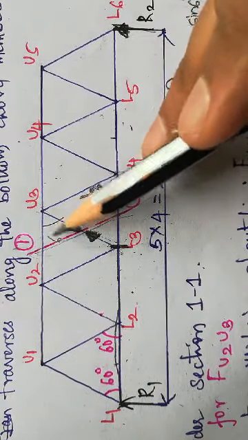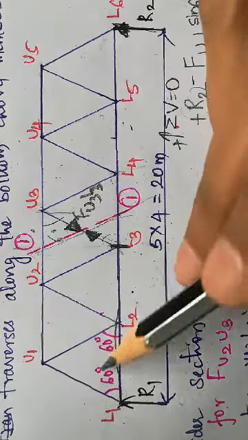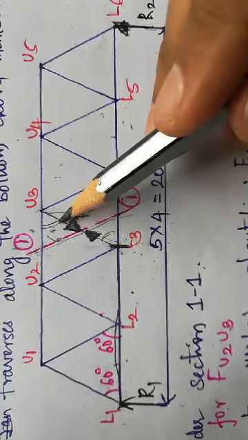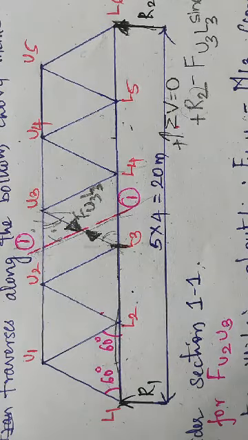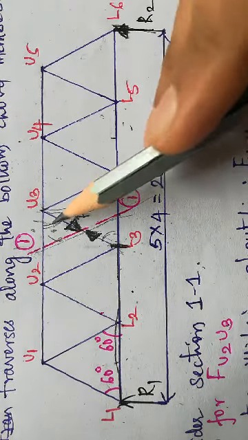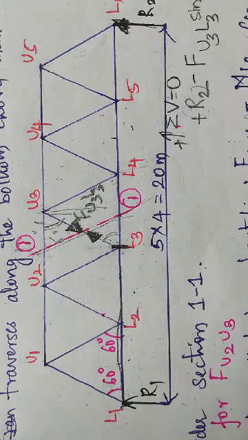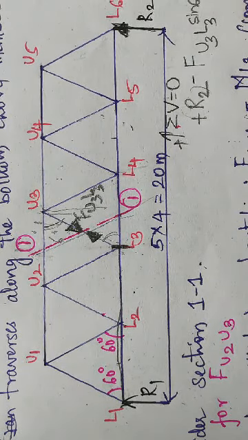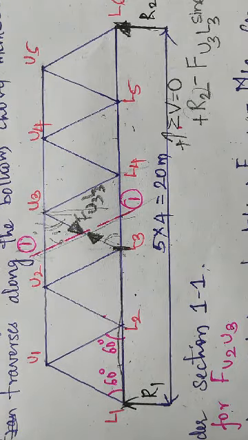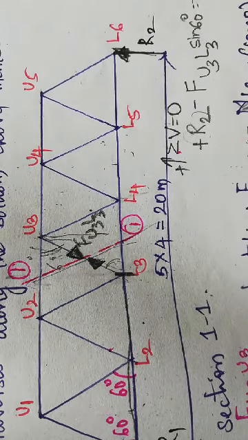So this is also 60, correct? Because here, if it is 60, even this is 60, even this will be 60, that is the angle. So along the vertical it will be sine of 60. So this will be equal to 0.